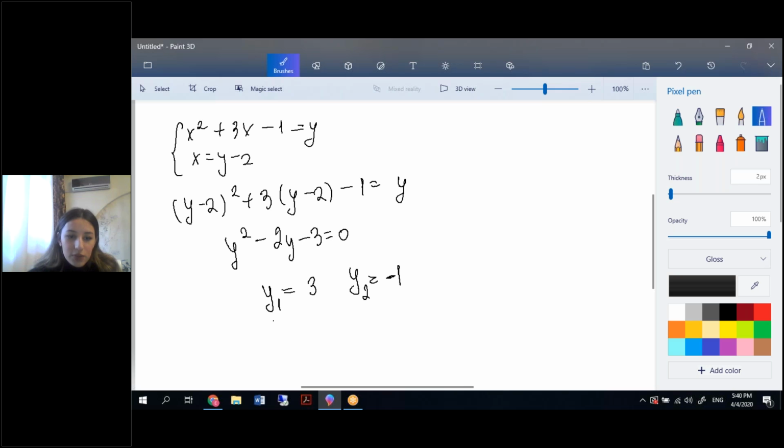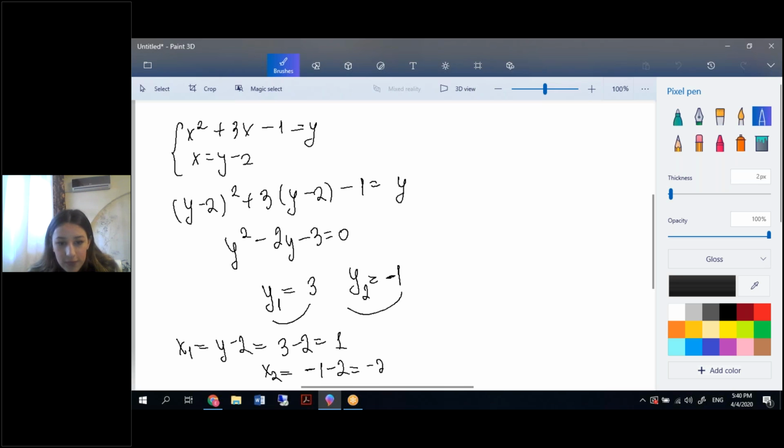So as we know y1 and y2, we can easily find x1 and x2. x1 equals y1 minus 2. Instead of y, we put 3. 3 minus 2 means 1. And x2 equals y2 minus 2, minus 1 minus 2, minus 3.